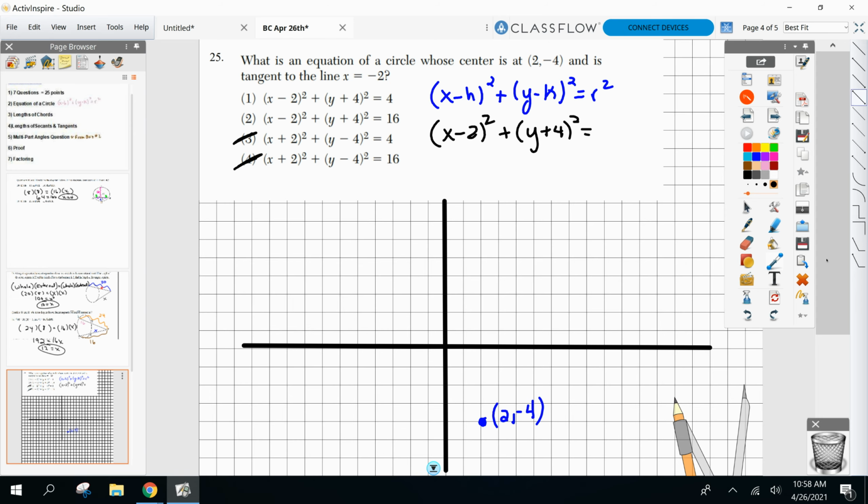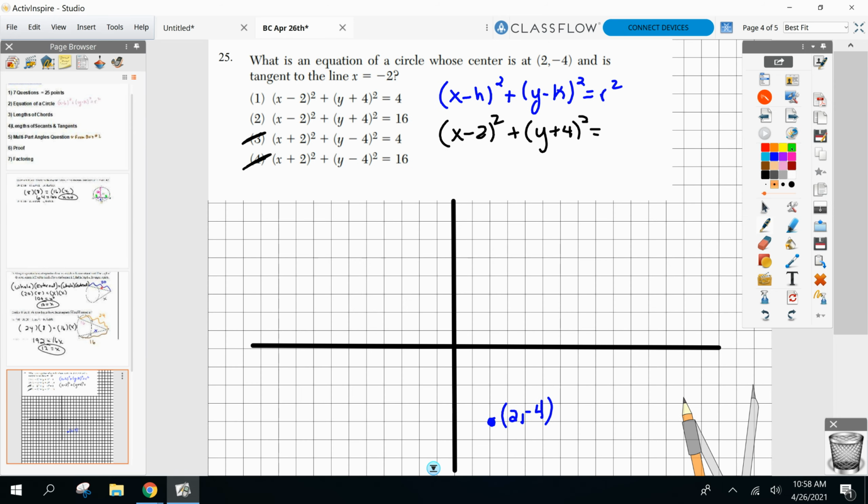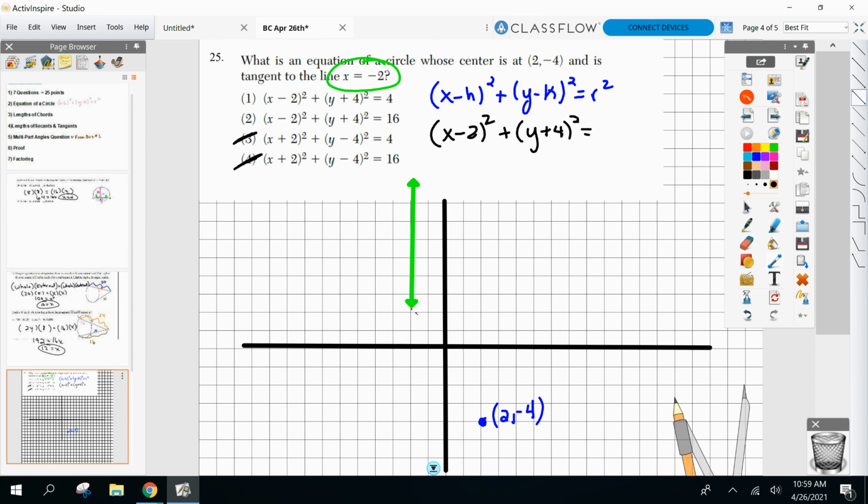All right, this is a tough one because we have to remind ourselves, what type of line is that? X equals any number? Vertical. X equals any number is vertical, right? Here's x equals -2.